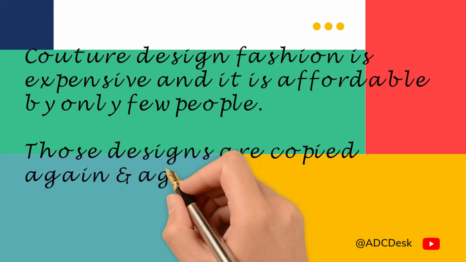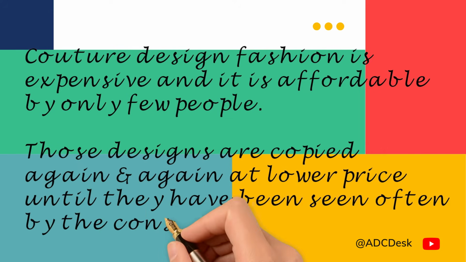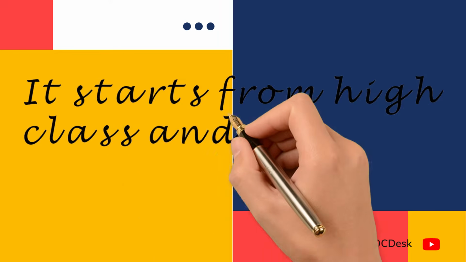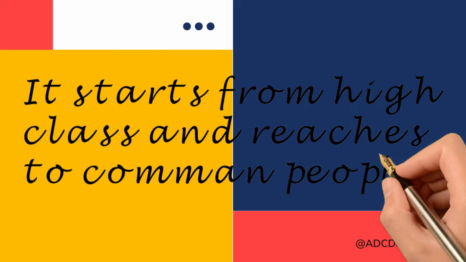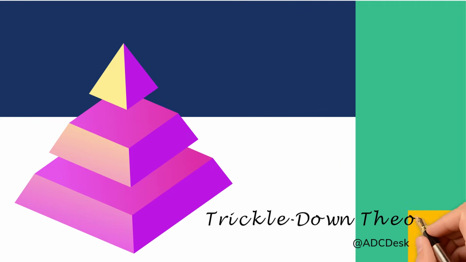Those designs are copied again and again at lower price until they have been seen often by the conservative buyers. It starts from high fashion and reaches to the common people. You can simply understand the trickle-down theory via this pyramid.